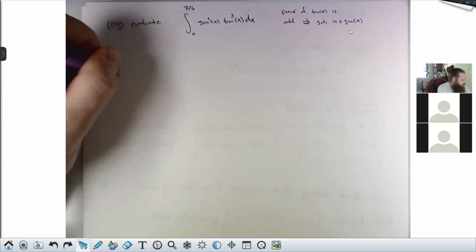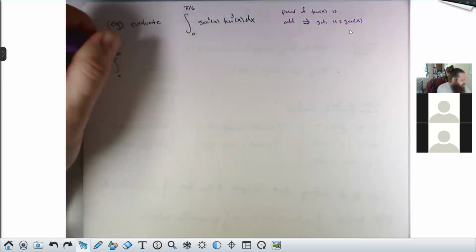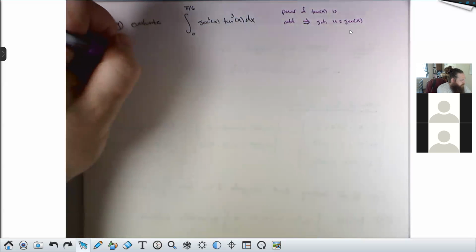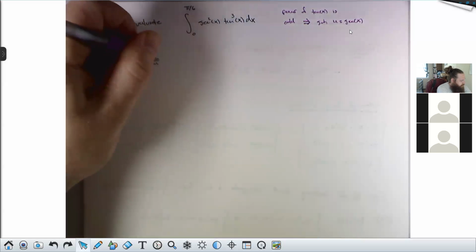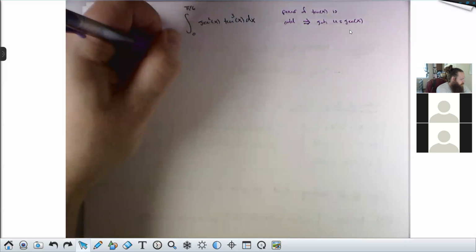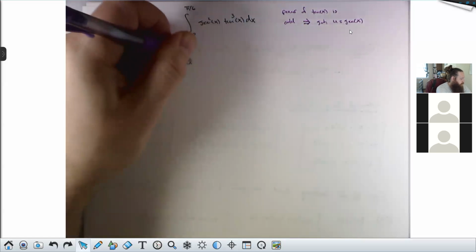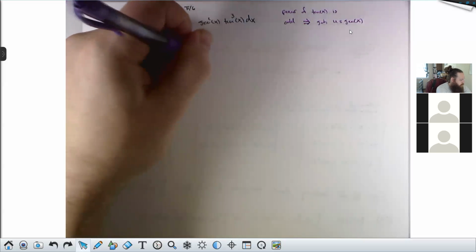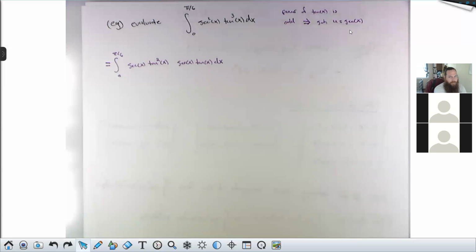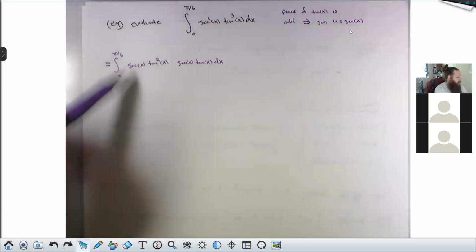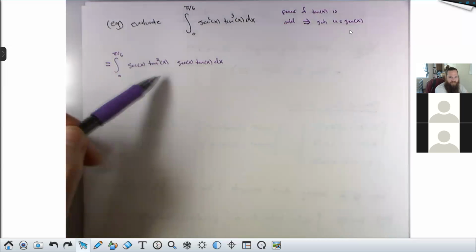So this will become integral 0 to pi over 6 secant x tangent squared x times secant x tangent x dx. I set aside one copy of secant tangent because I know I'm going to need that for my differential. And then I look at everything else that's left over and I try to rewrite it all as secants.